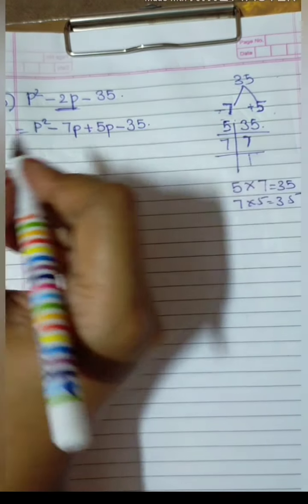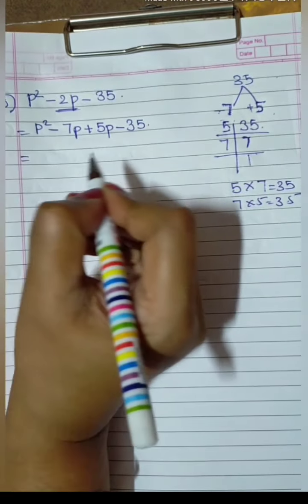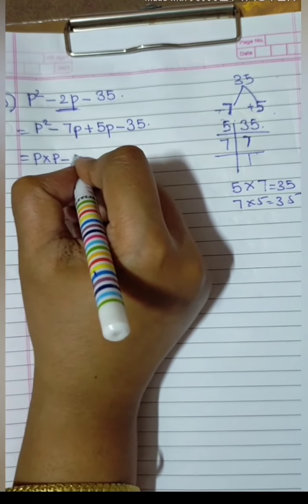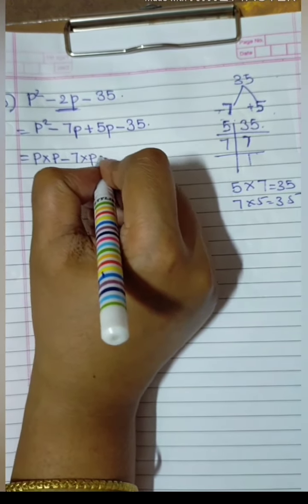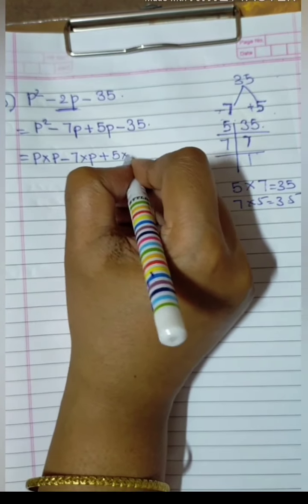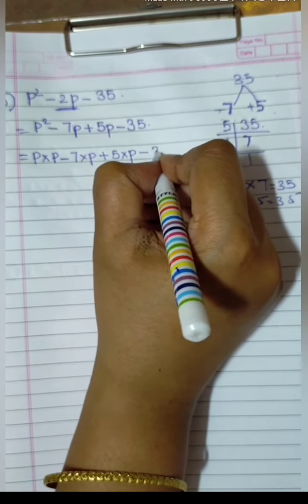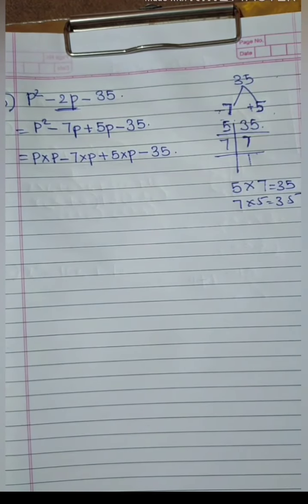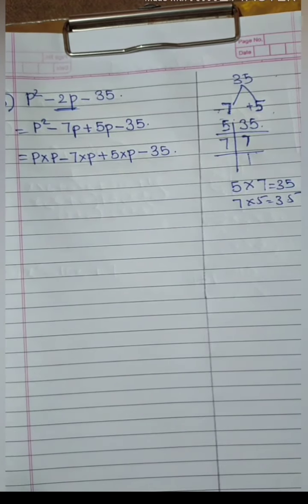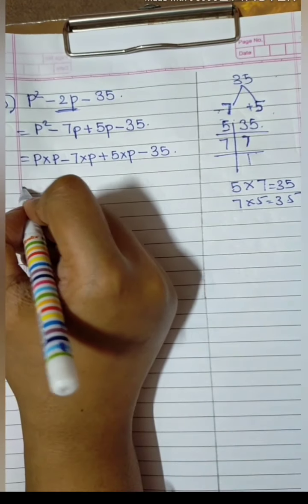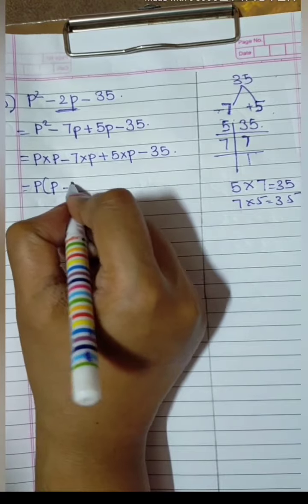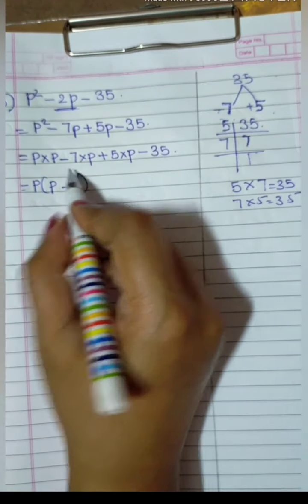Now to help you understand, I am writing p into p, minus 7 into p, plus 5 into p, minus 35. Now I put one p outside and inside the bracket p minus 7.